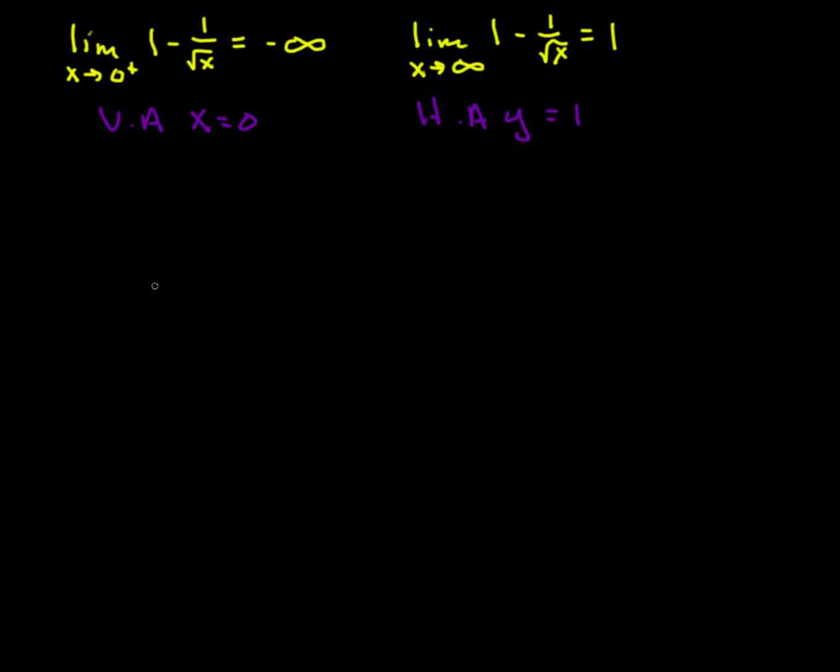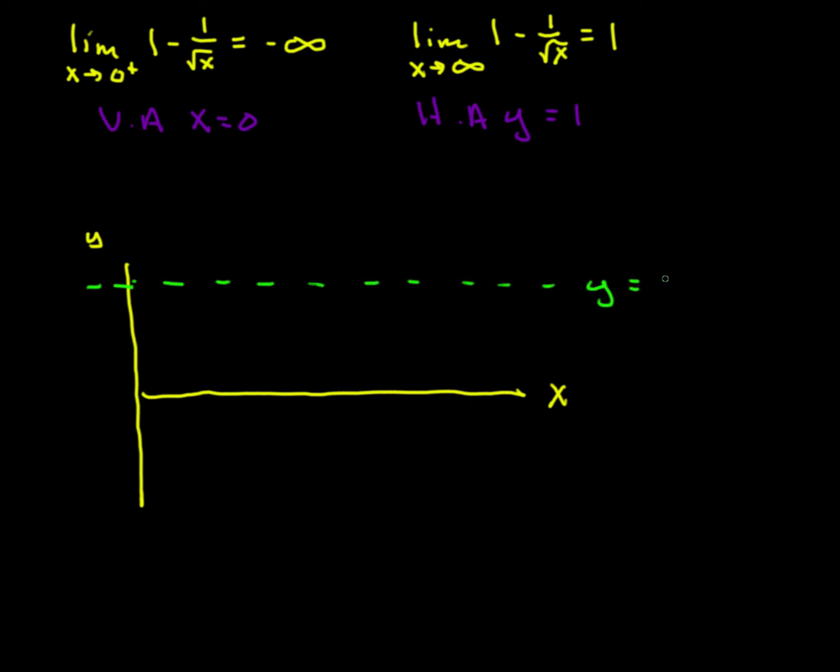So I'm looking at, I only need positive values. So here's x, here's y. What do I know? Well, I know I have a horizontal asymptote at y equals 1. So let's say right here. I know that the graph will go to negative infinity as it approaches 0, and it's going to approach 1 this way.